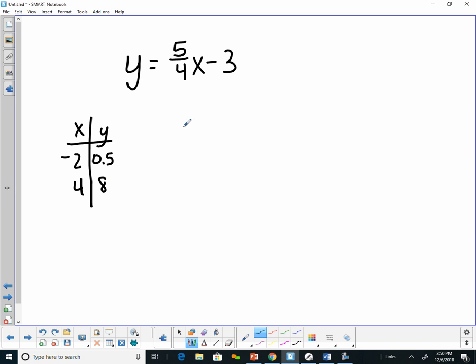So I would plug in, so 5/4 times -2 is equal to 0.5. You can change this to a decimal if you need to, or you can work it out as a fraction. Here, this is going to be -10/4 minus 3.